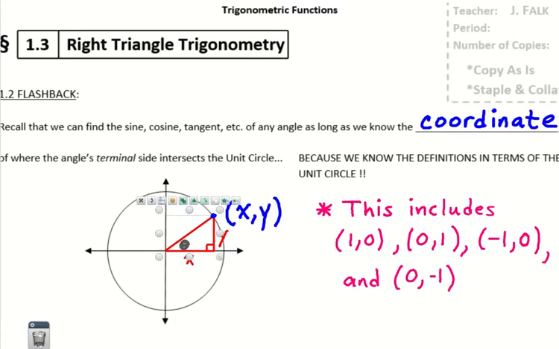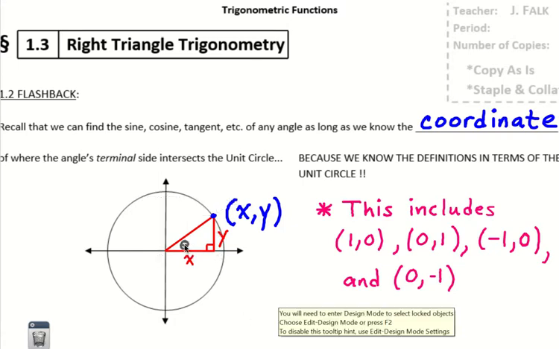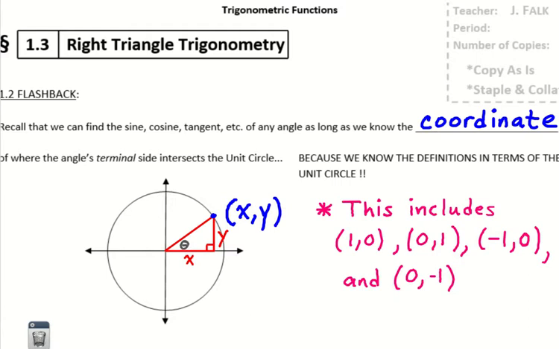In fact, maybe that would be good. Anyway, so if that's theta, then the sine would be y over r, where r would be right here. And maybe we should label that as r. Makes sense?